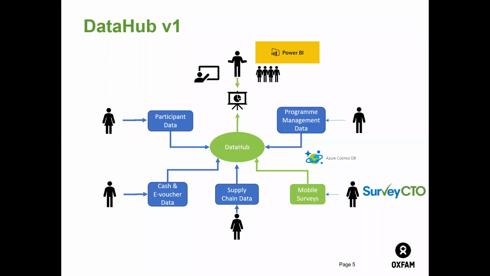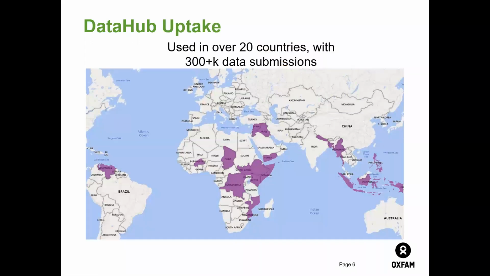So that's the route we set up in 2017. It has been up and running since that point. And so far we've had around 20 countries making use of this first version of the hub. And we've had, I think, a bit over 300,000 data submissions.